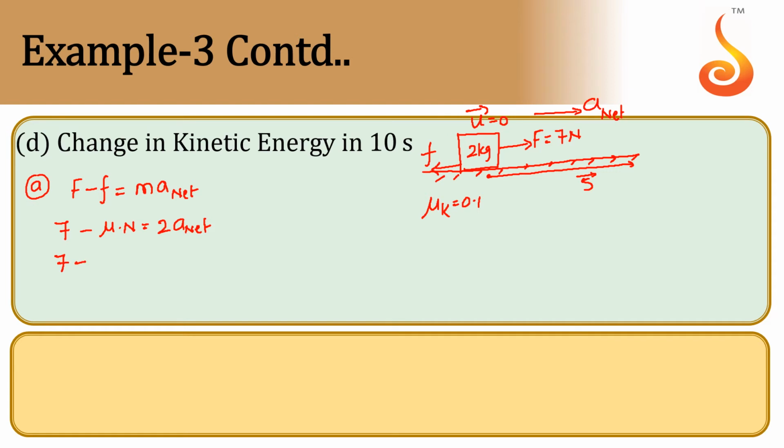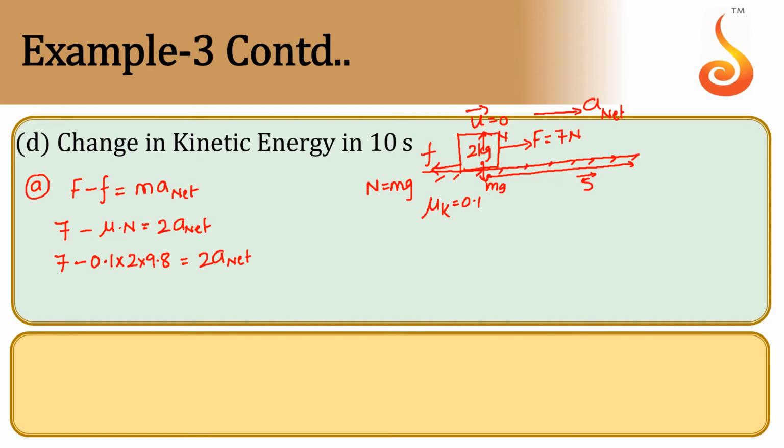So 7 minus mu, which is 0.1, into N. N is the normal reaction, which balances the weight, so normal is always equivalent to weight in this case. So normal value is mg, where m is 2 and g is 9.8, equal to 2 times net acceleration.